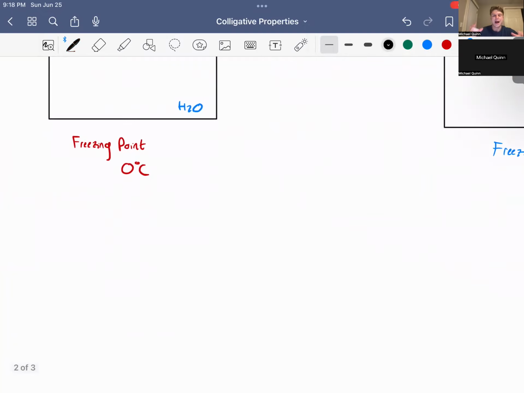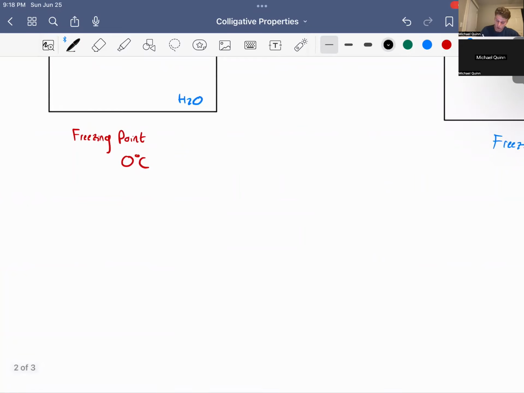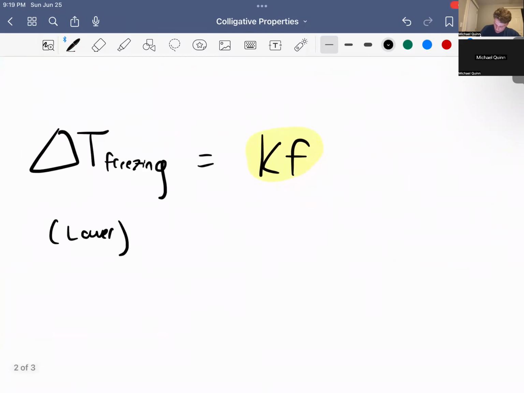How do we calculate how much lower, I should say, the freezing point is? So the change in temperature freezing, this will be very similar to the boiling point elevation formula. Remember, this will be lower than our original, is going to be equal to Kf, which is our freezing point depression constant.